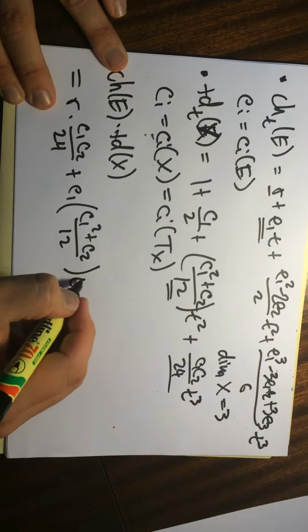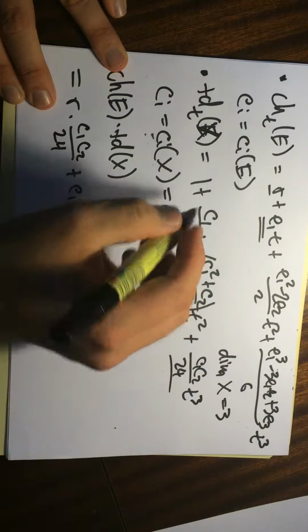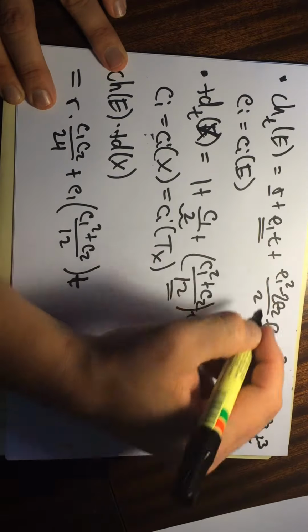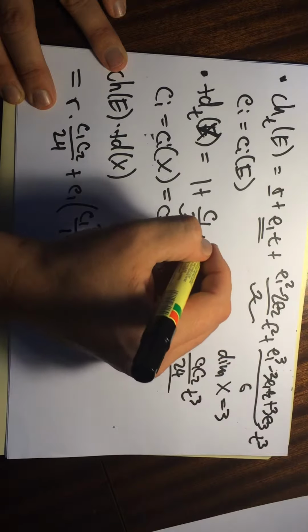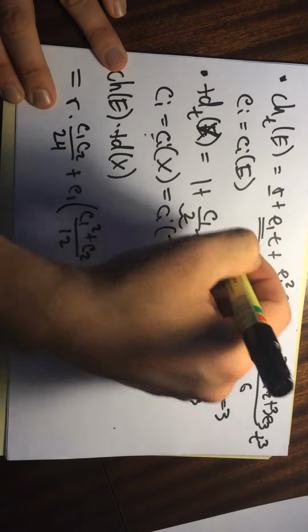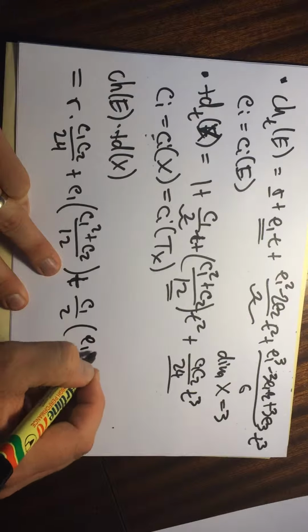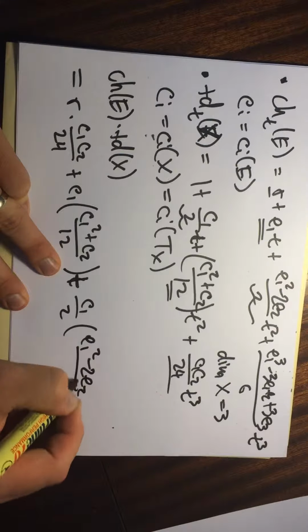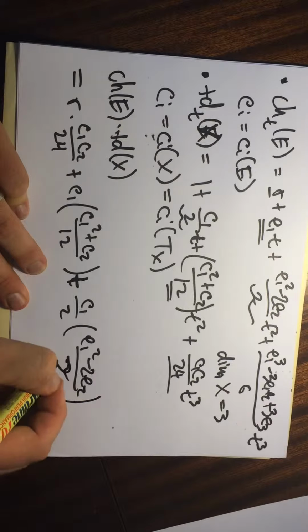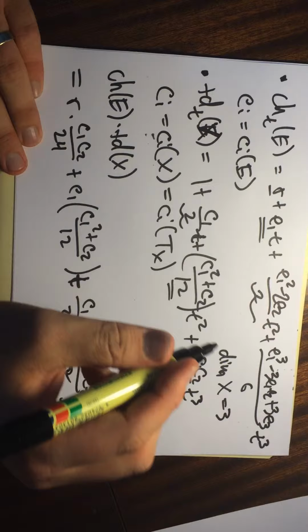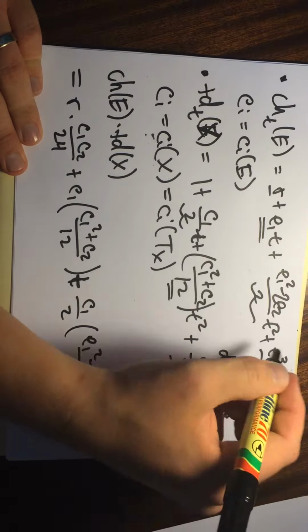I said I was going to drop the t squared. Now we need to do this term and this term here. So this one is c1 over 2 times (e1 squared minus 2 e2) over 2. Okay, so we have this term, and we have one last term, which is this huge guy here.